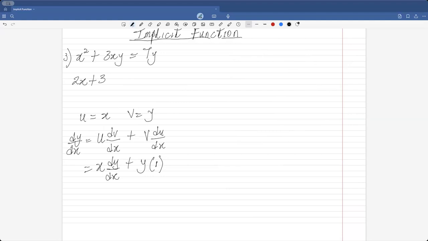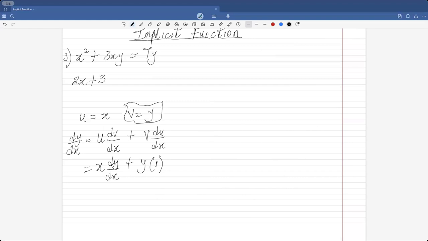I want to call your mind back to this expression here. This is dv/dy, which is equal to dy/dx. When I say dv/dy, I'm talking about the differentiation of y. So of course we have dy/dx.